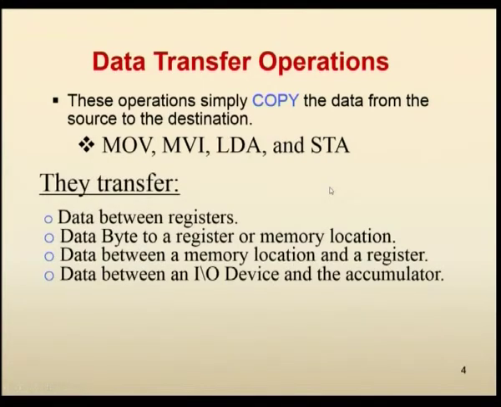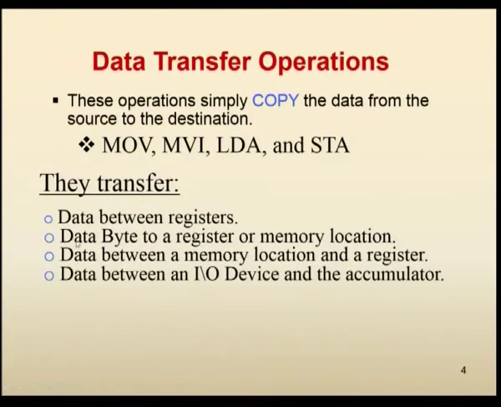So, what are the source and destination? The data is transferred between one register and another register. We have registers A, B, C, D, E and so on, and between these registers the data can be transferred.